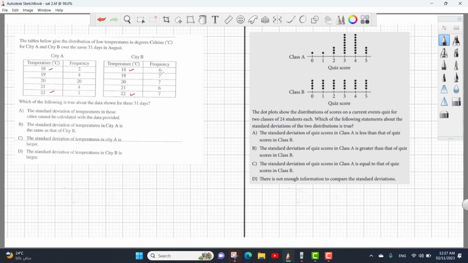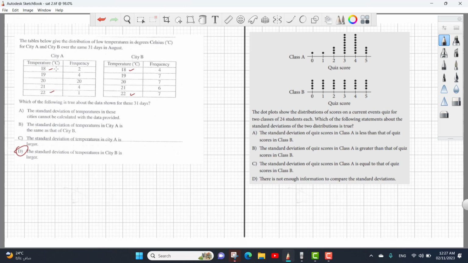It's more spread. So for sure the standard deviation of B will be bigger, because at the sides, here at 18 we have frequency 4, and at 22 we have frequency 7, whereas here at the side we have less frequency, less values. Okay.